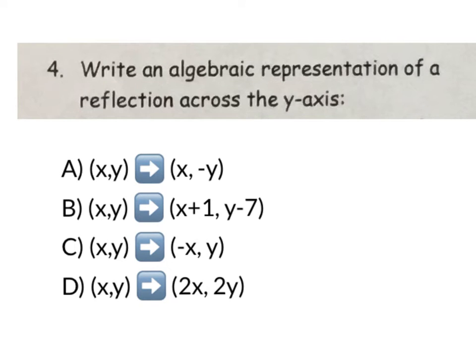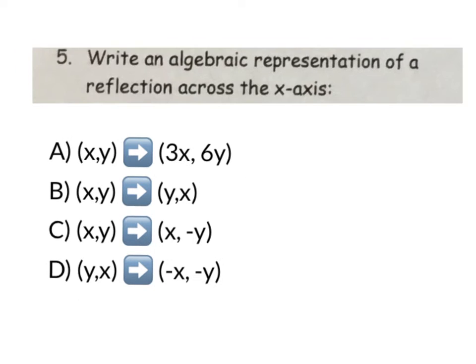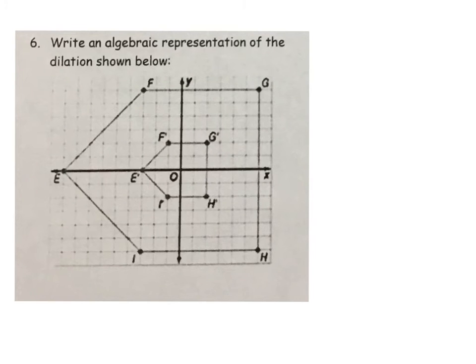Number 4. Write an algebraic representation of a reflection across the y-axis. I gave you some answer choices, A, B, C, or D. Number 5. Write an algebraic representation of a reflection across the x-axis. I gave you some answer choices, A, B, C, or D. Number 6.